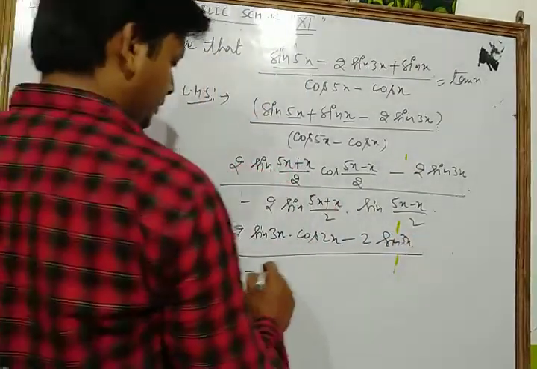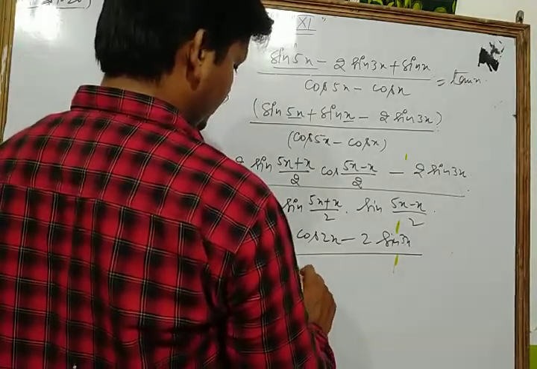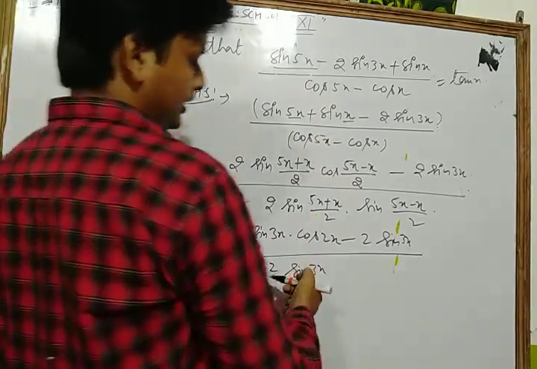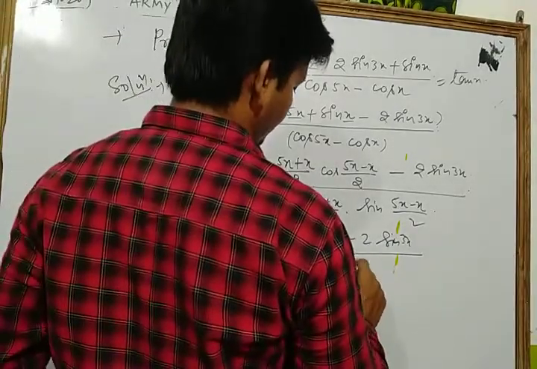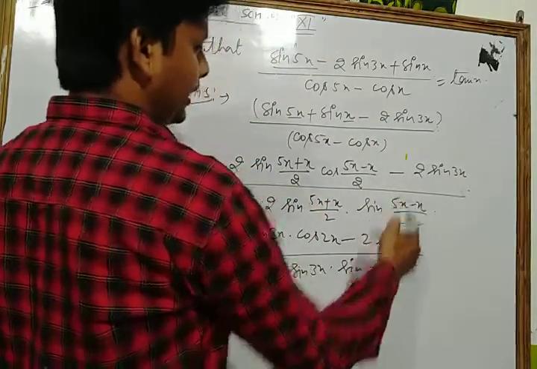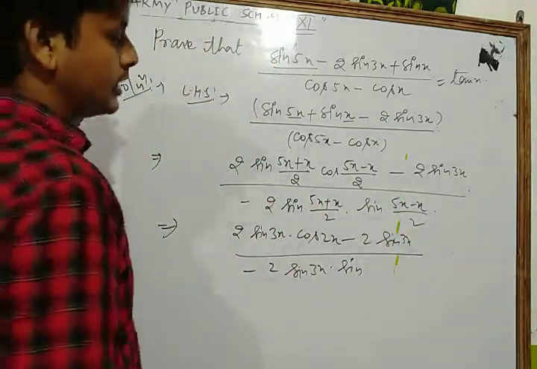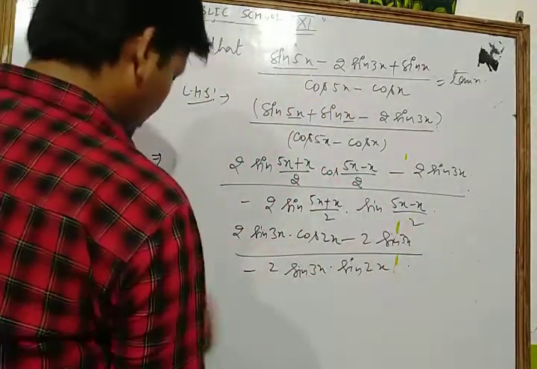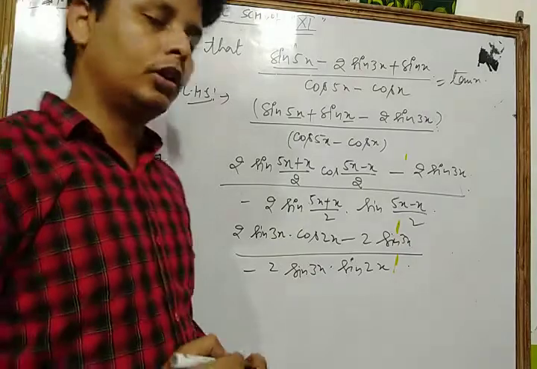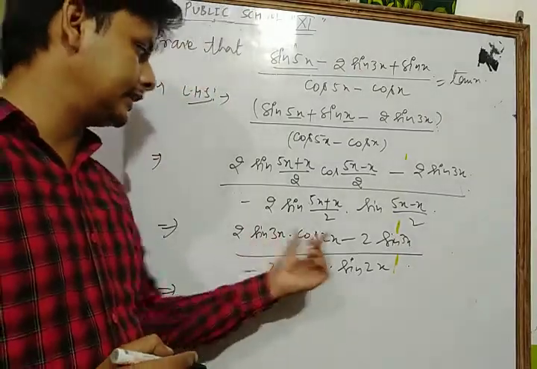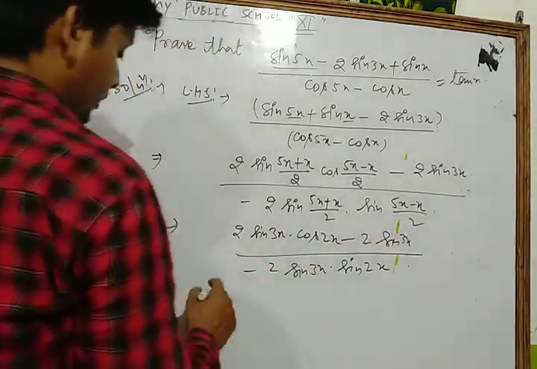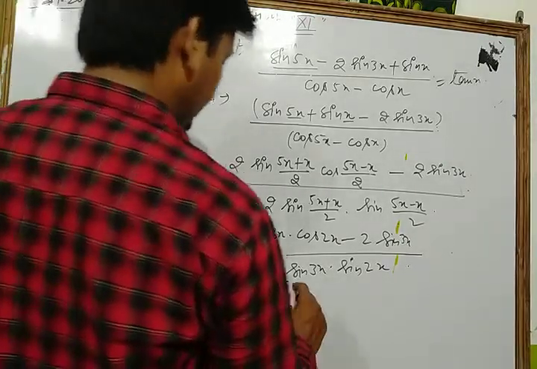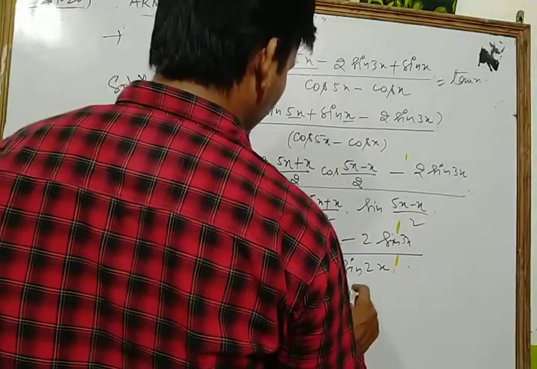In the denominator, minus 2 sin of (5x plus x) upon 2, that is 6x upon 2, sin 3x, into sin of (5x minus x) upon 2, that is 4x upon 2, that is 2x. Now in the numerator we take 2 sin 3x as common, then we get cos 2x minus 1.